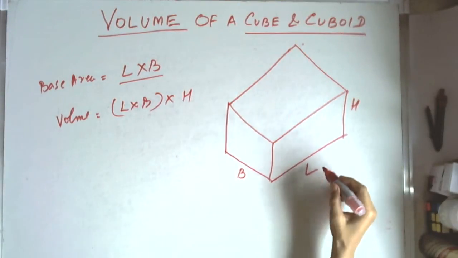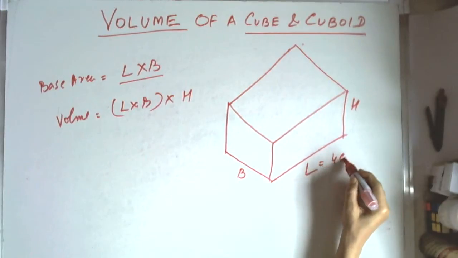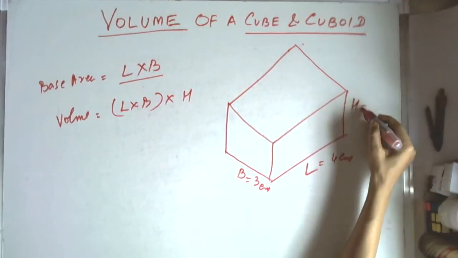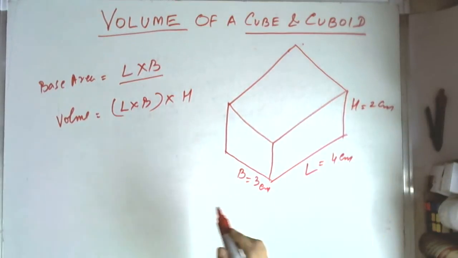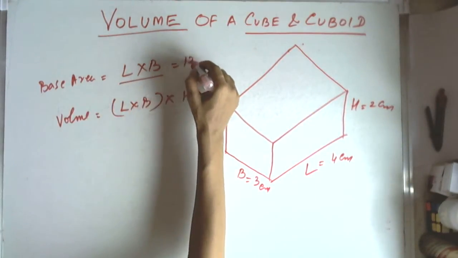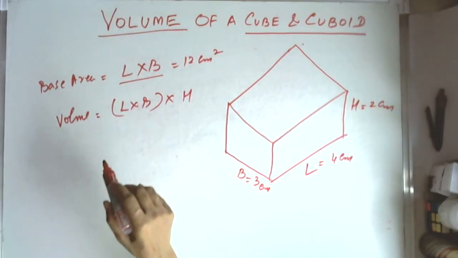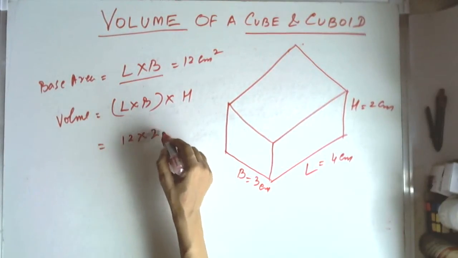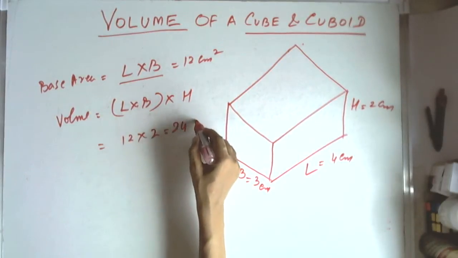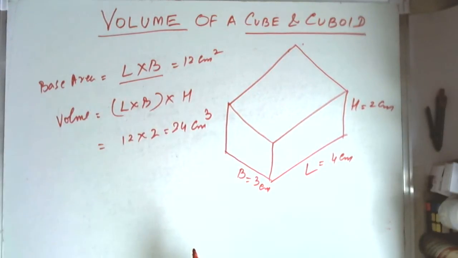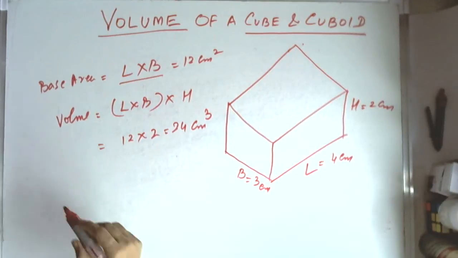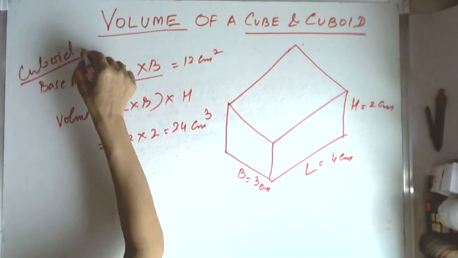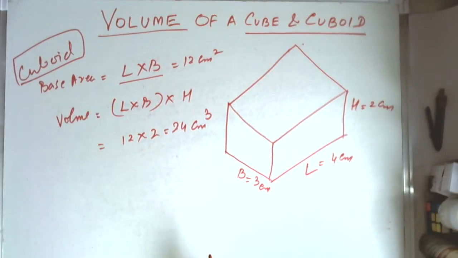So suppose the length is 4 centimeter, breadth is 3 centimeter and height is 2 centimeter, then the base area becomes 12 centimeter square, and then the volume will become 12 into height 2, so 24 centimeter cube. Now this is in case of a cuboid, because the length, breadth and height are different.